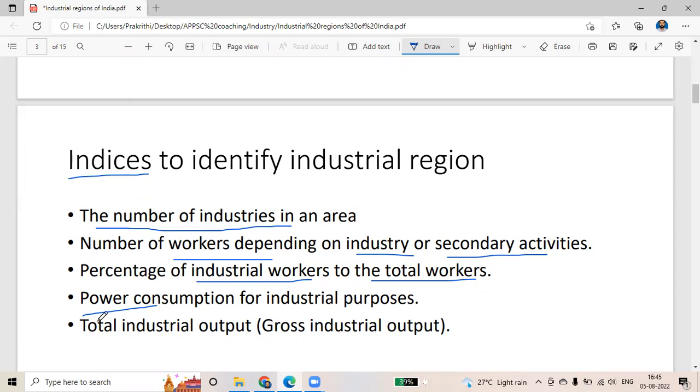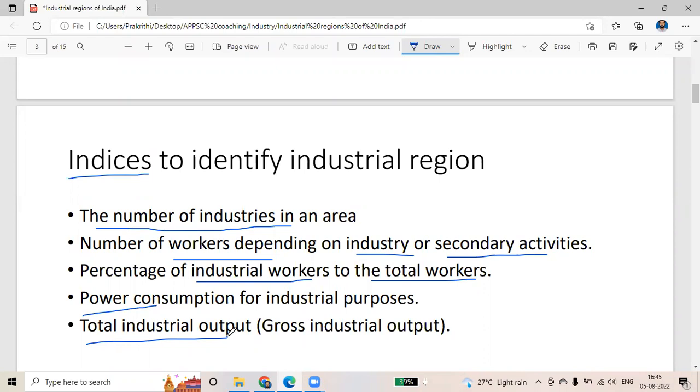Then total industrial output. As I said, there are adjacent or other sectors that are near these industries. If there are 5000 industrial units, how much gross industrial output is received from them, in the form of goods, services, and in the economy? Based on all these things, we can divide the industrial regions.